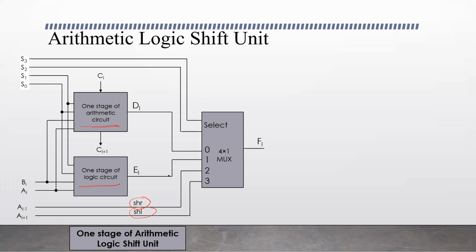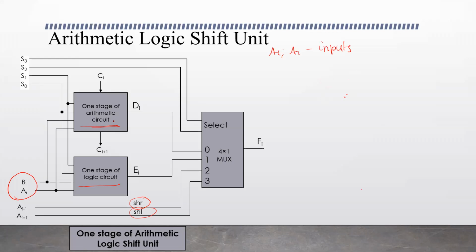So here let's see the registers used. AI and BI are the 2 contents of the register. These are the actual inputs for performing arithmetic and logic functions.